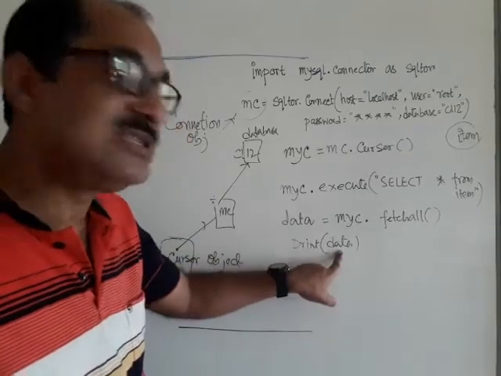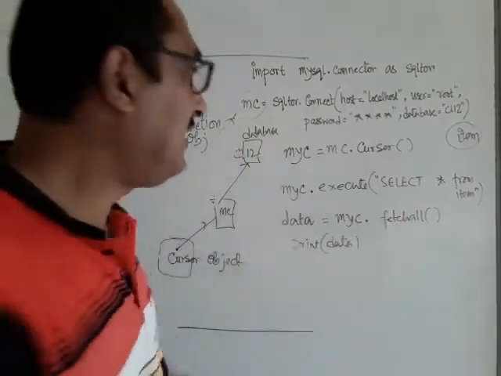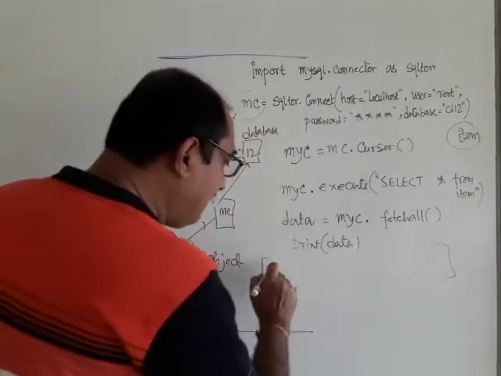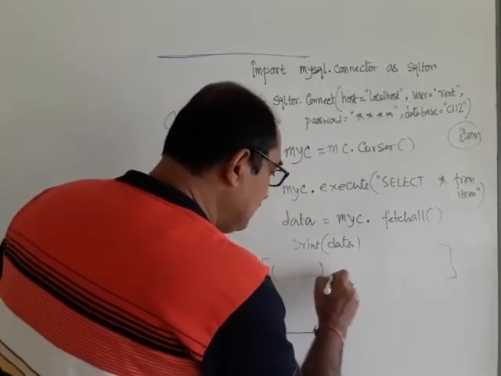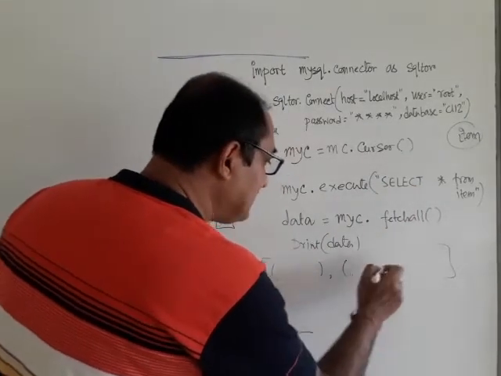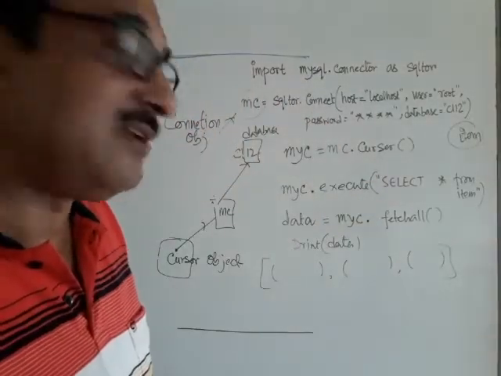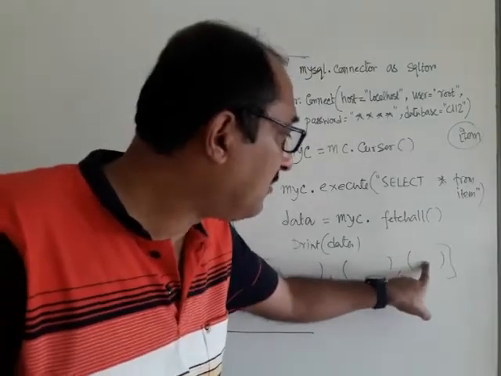And when you print this, you know what will happen? You will get to see a list, wherein every row of that table will come as a tuple. So the elements of the list will be tuples. Tuples, we know, come under a pair of simple brackets. So first record, comma, second record, comma, third record.